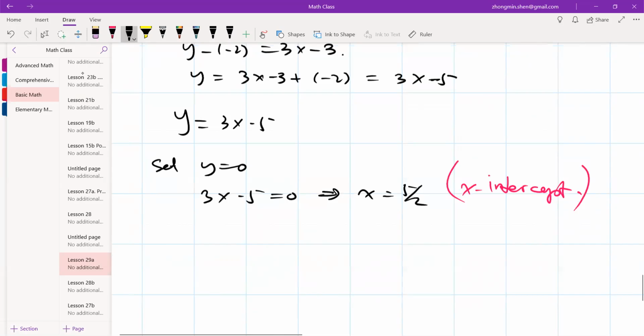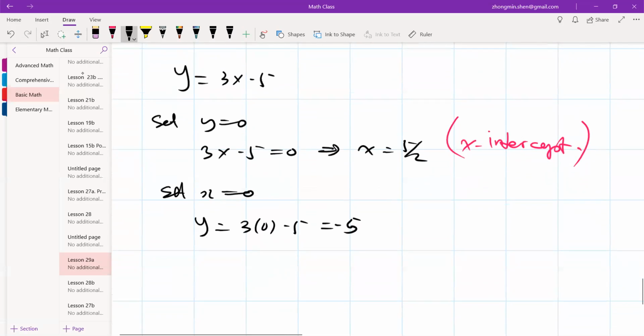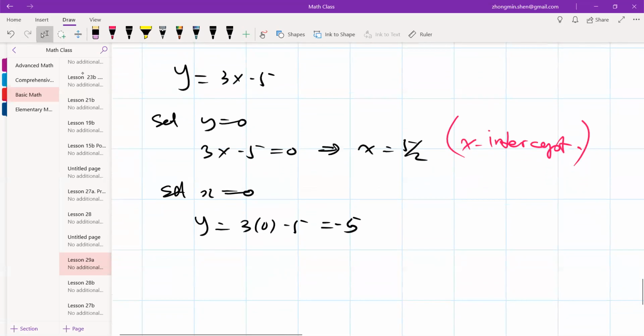You can also set x to be 0, then y is going to be 3 times 0 minus 5, which is -5. So -5 is the y-intercept.